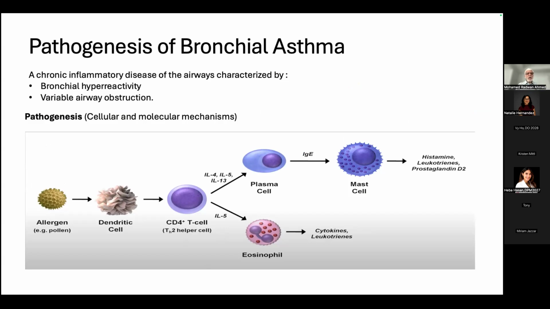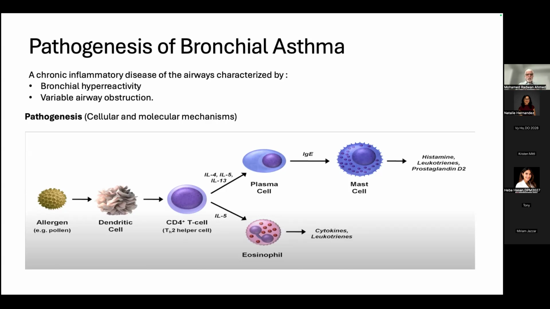As you see here, on the cellular level, for bronchial asthma we talked about hypersensitivity and airway obstruction, but the pathogenesis is how this happens on the cellular level. You have the allergens, like pollens and dust mites, which enter and exit our lungs every time, and nothing happens.